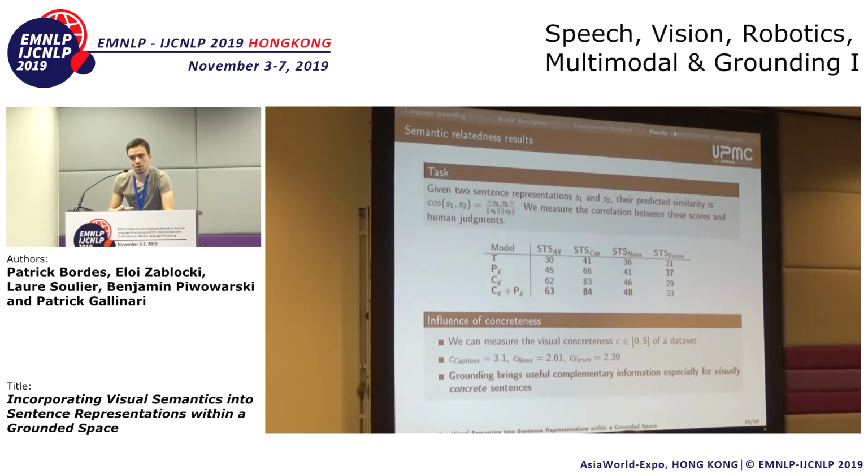Captions is a very concrete dataset, and that's why we have a huge gap, around 43 points in performance. News and forum are less concrete, and we have a lesser gap. So the first observation is that grounding can bring useful information, especially when sentences are concrete.